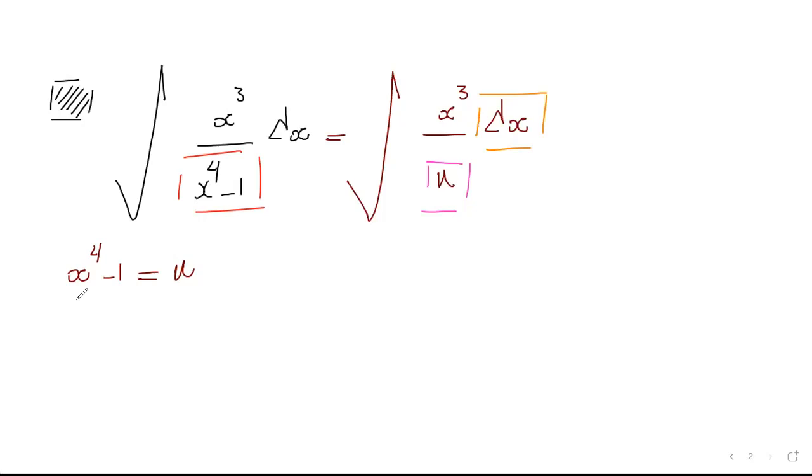So we take the derivative from both sides. From the left side, the derivative becomes 4 times x to the power 3, and I denote on the left that the variation happens with respect to x, hence I put d of x. The variation on the right always happens with d of u.